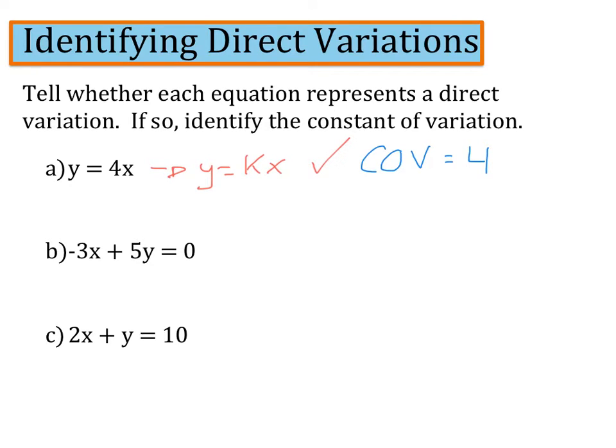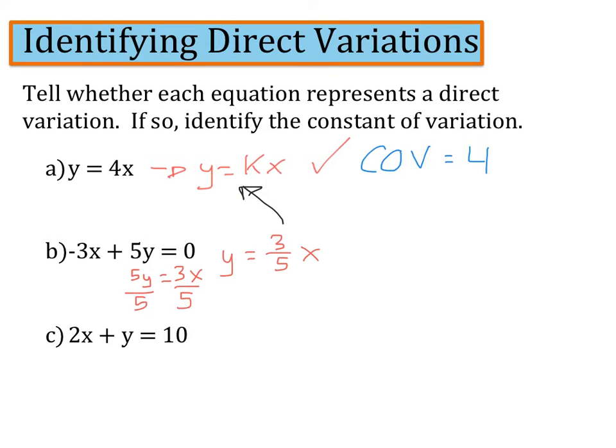Okay, let's look at example B. Example B on the surface looks like a standard form equation, but let's see if we can isolate y. If I added 3x to both sides, I would have 5y equals positive 3x. Then I would divide both sides by 5, and what I would be left with is y equals 3/5 x, which you can see falls into the format of our direct variation equation.